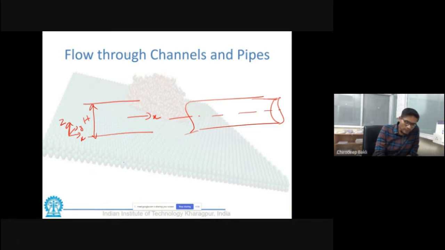So for a fully developed flow, we try to solve the equation in this form. And fortunately for this, we have an analytical solution.